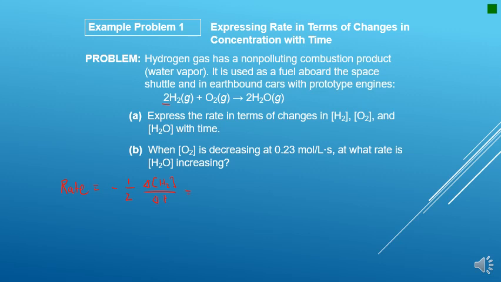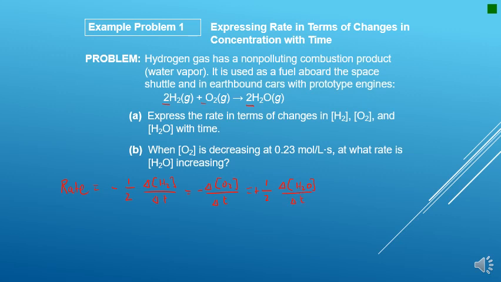This would be equivalent to, since my oxygen coefficient is a 1, a negative of the change in the concentration of O2 over the change in time. And then my water vapor, because it's now the product, has a coefficient of 2, so it would be a positive 1/2 times the change in the H2O concentration divided by time.